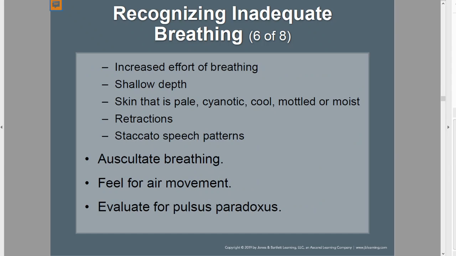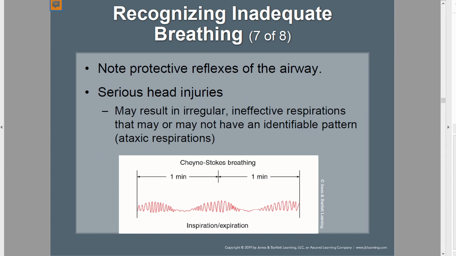I backed up here. Okay. All right, Cheyne-Stokes. You need to know that. You need to know Cheyne-Stokes. It may result in irregular, ineffective respirations that may or may not have a definable pattern like this, right?